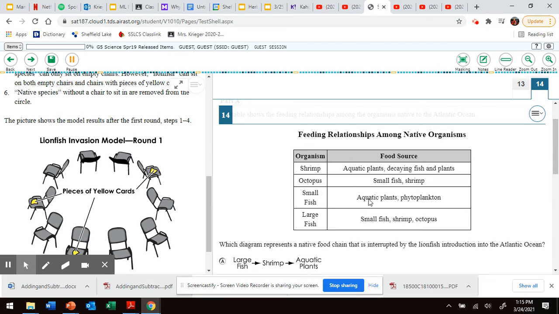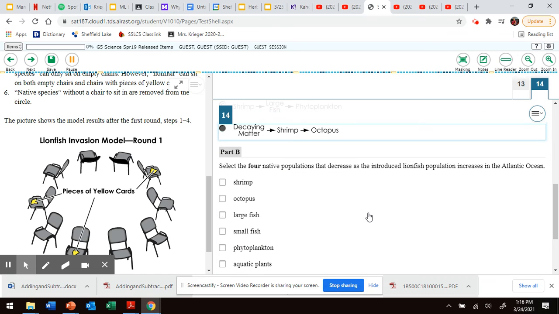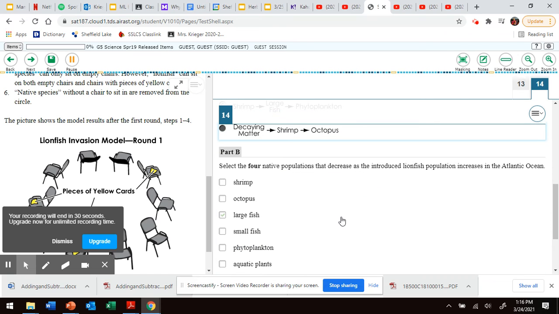So you're probably going to have to pause the video, or you have this in front of you and really dissect this table. Kind of scroll up and down and figure out what would decrease. And the answers would be the shrimp, the octopus, the large fish, and small fish.